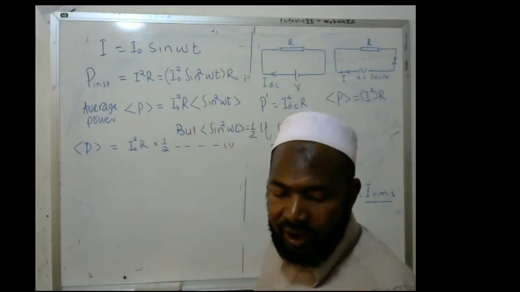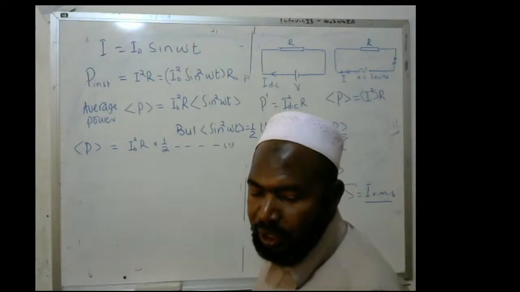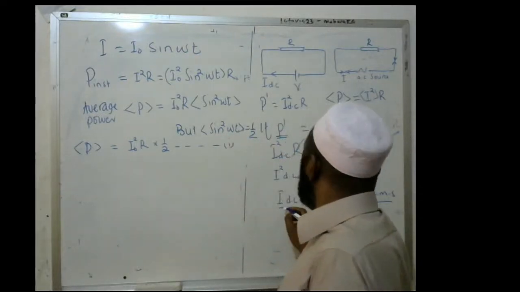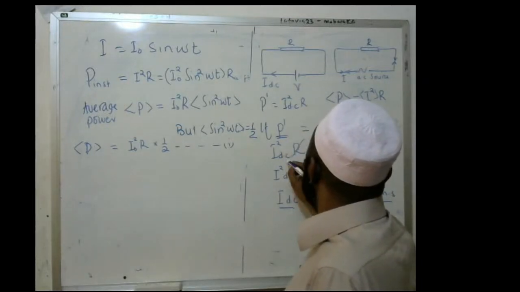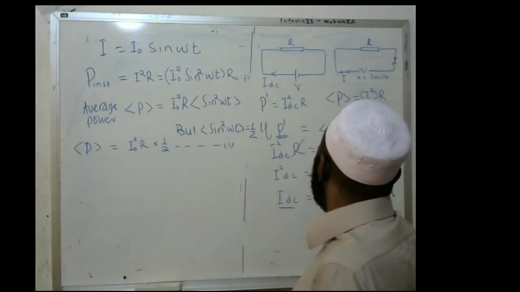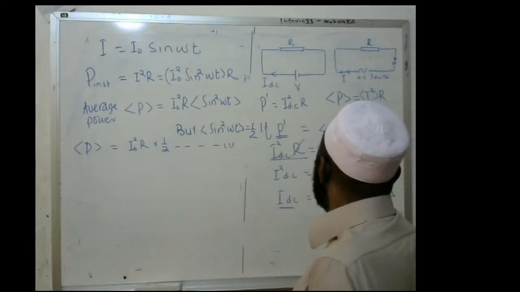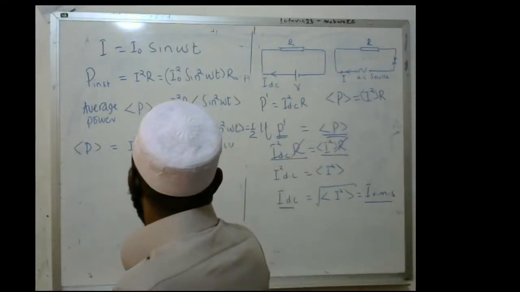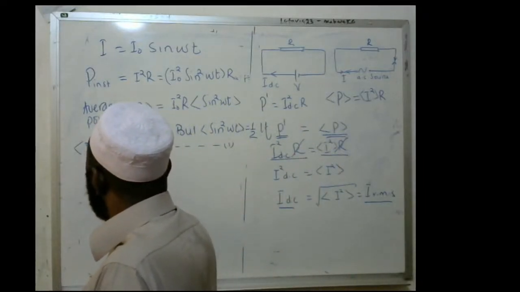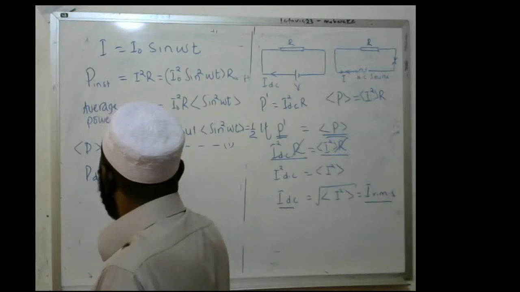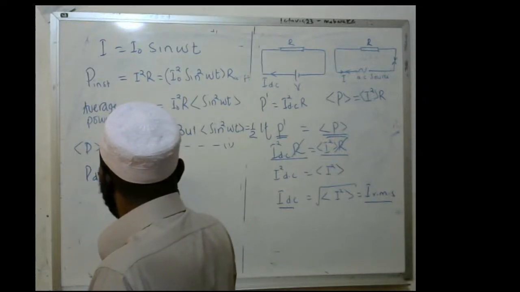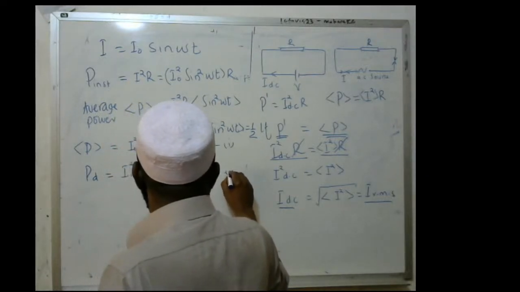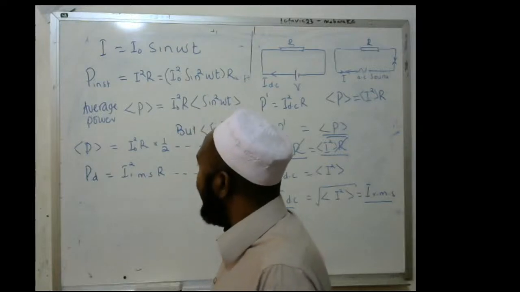But we had noted earlier, for the root mean square value, the average power of the alternating current should be equal to the power for direct current. Therefore, the power for direct current is equal to I RMS squared R, from the definition of root mean square value of current.